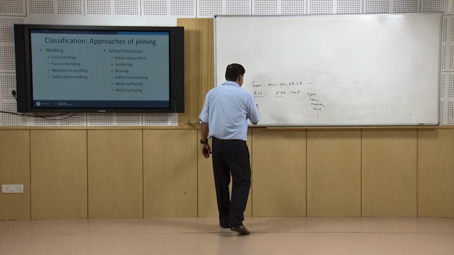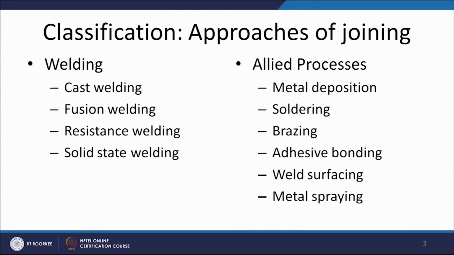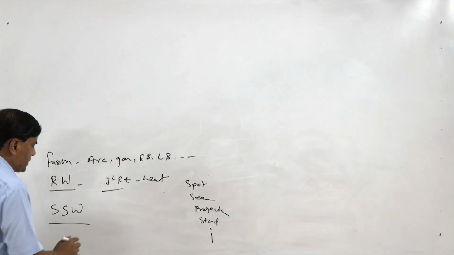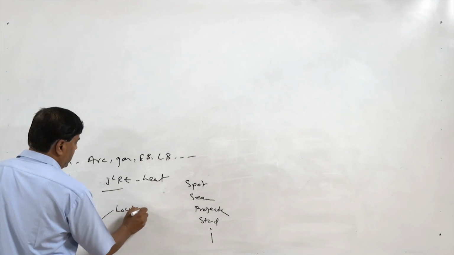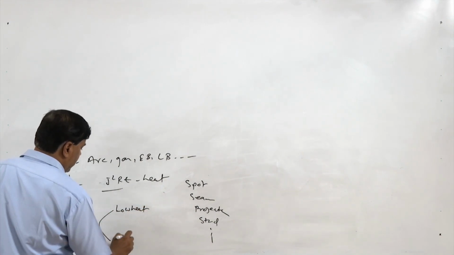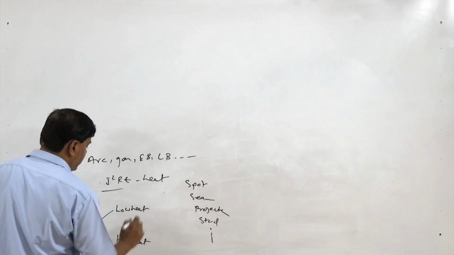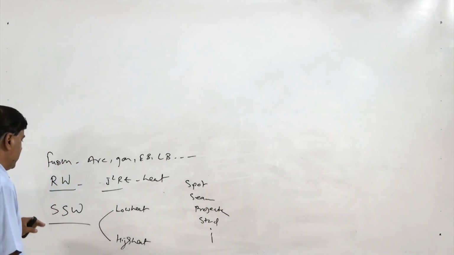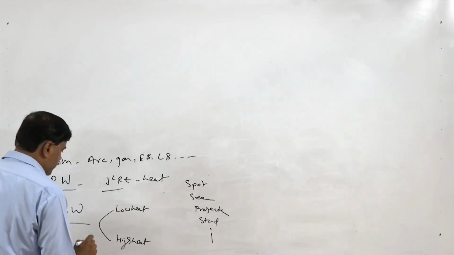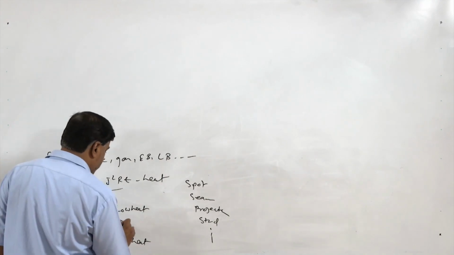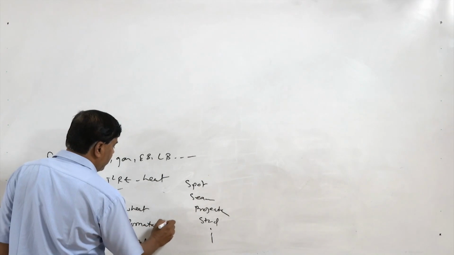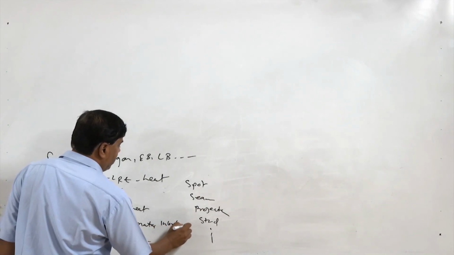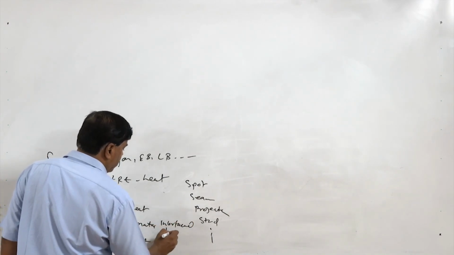And then solid state welding processes. There are two categories, where either low heat generation or high heat is involved. Basically, the solid state joining processes use deformation. Now, this deformation may be interfacial or it may be bulk.